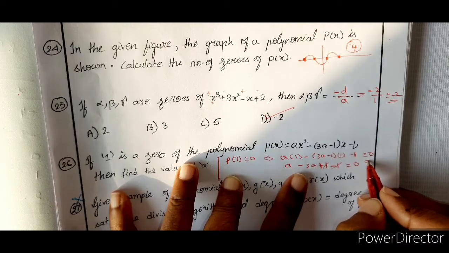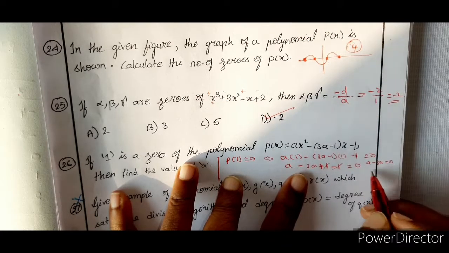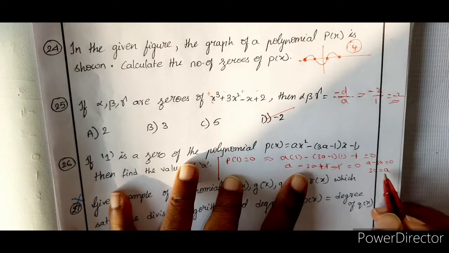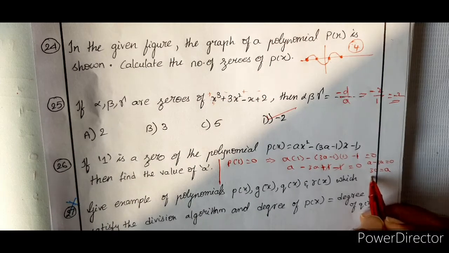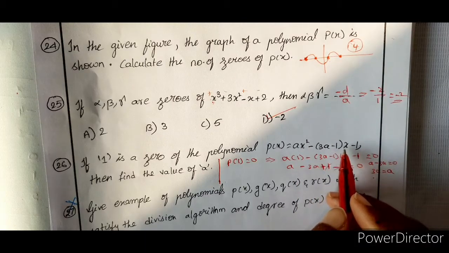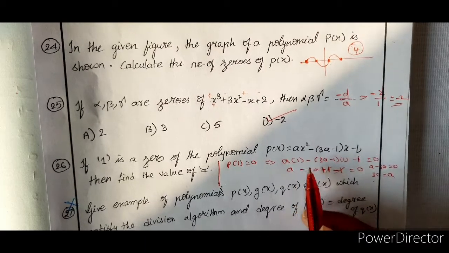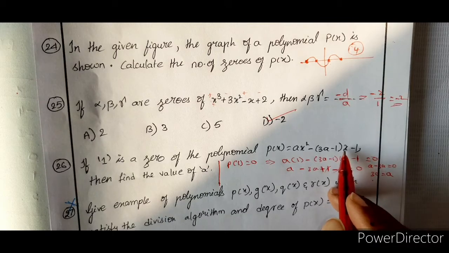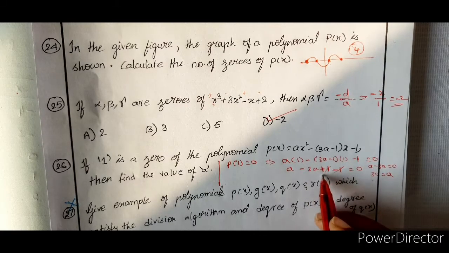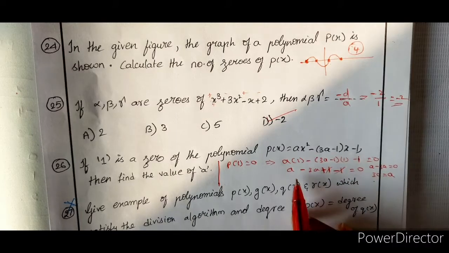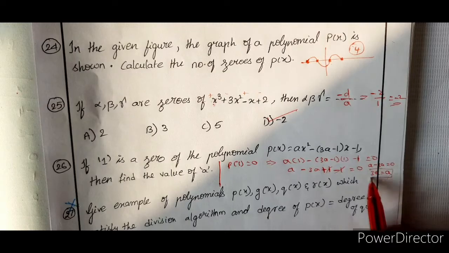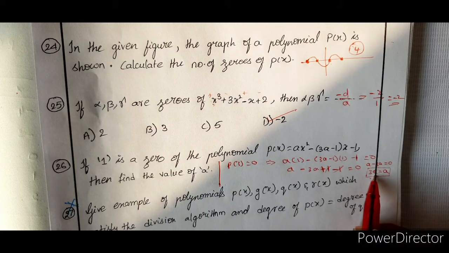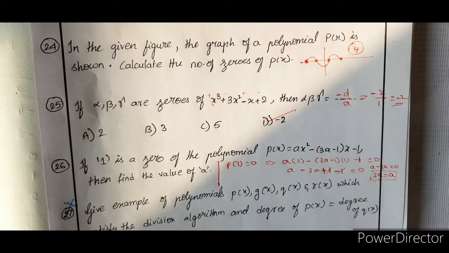So a minus 3a is equal to 0, or 3a is equal to a, which means for all values of a, this can be the zero of the polynomial.